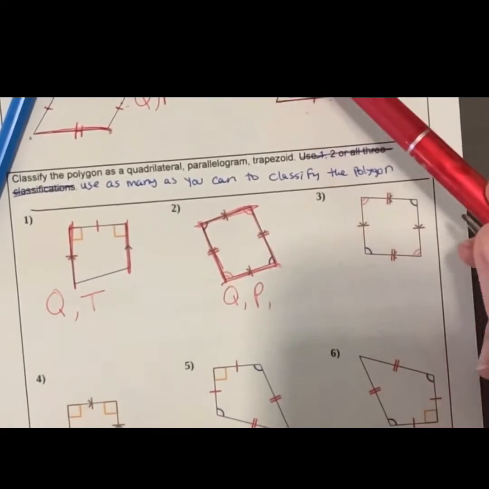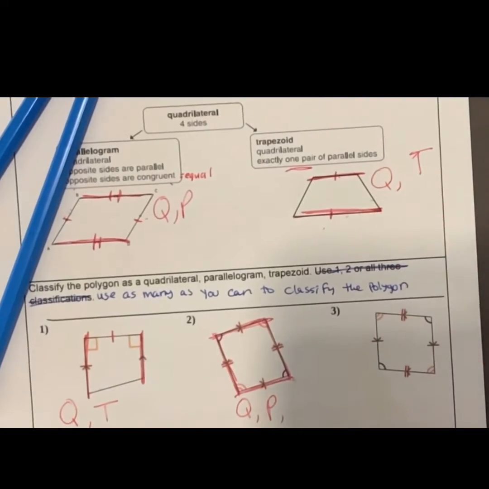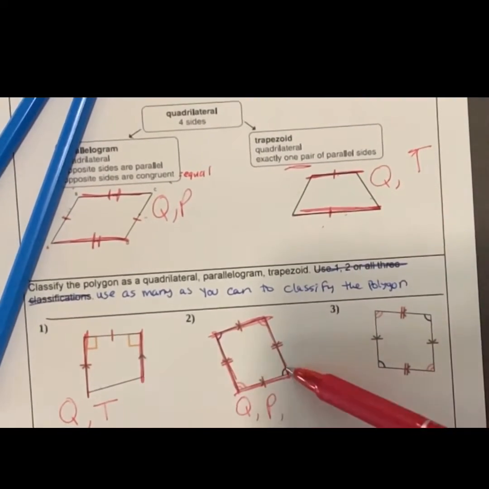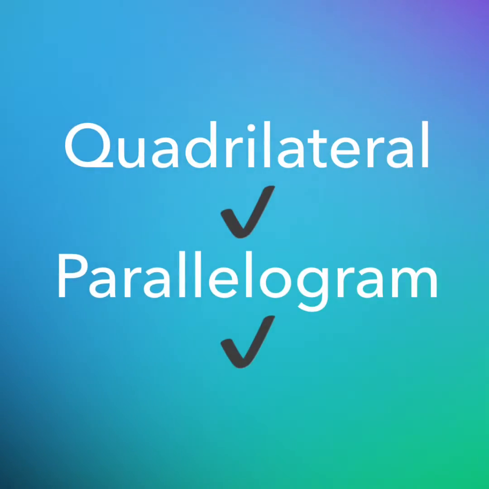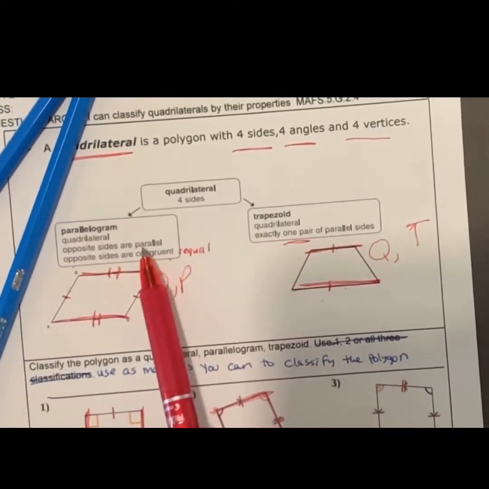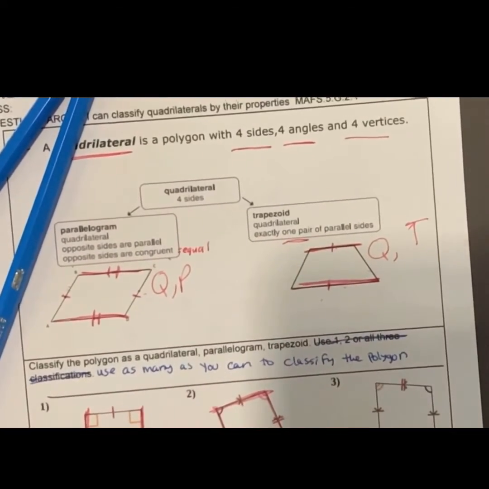Is it a trapezoid? Remember, in order to be a trapezoid, it has to have one set of parallel sides, and this one has 2. So it's just a quadrilateral and a parallelogram. It cannot be a trapezoid. You see how these are separated? Because it's either one or the other, either parallelogram or trapezoid.